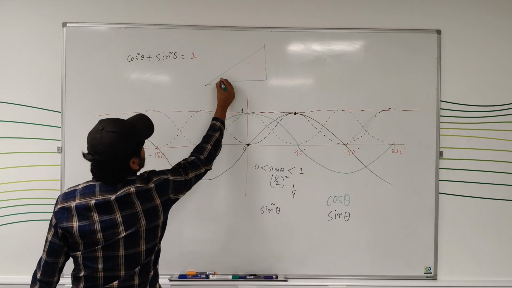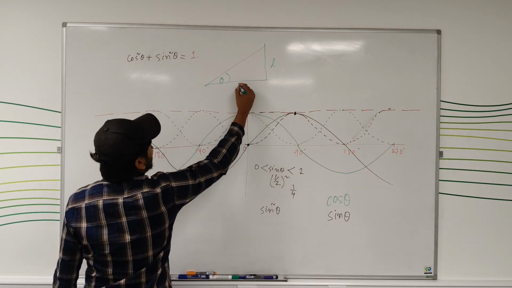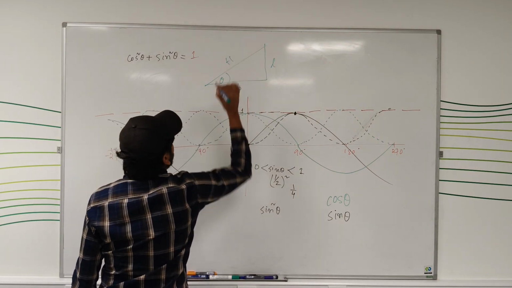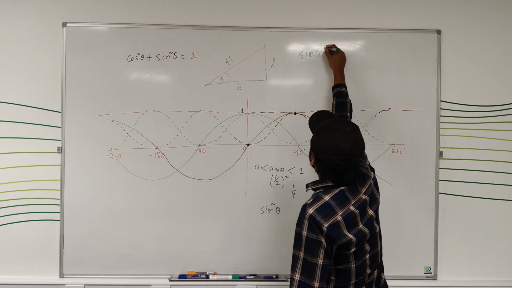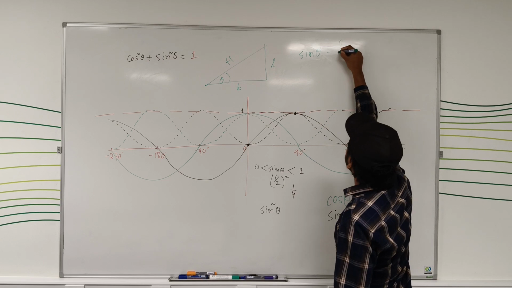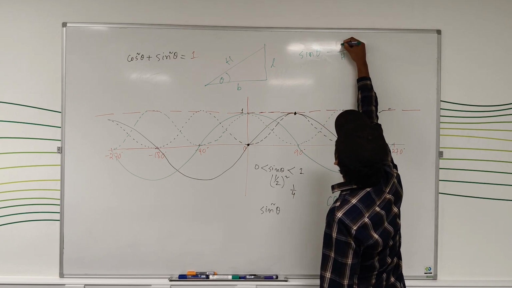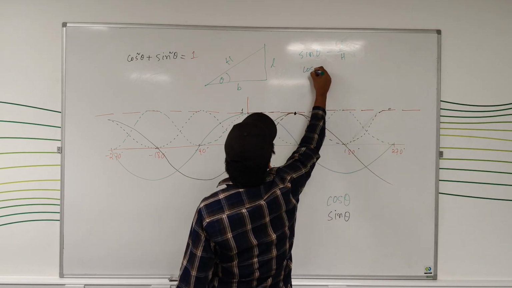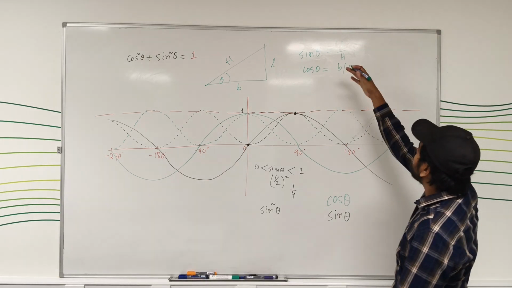So let's say we have our conventional triangle with angle theta, we have L, we have base, we have the height. What is my sine theta? Sine theta is L over H. Oh, that's a fat L. L over H. Cos theta is just the base over H. What happens if we square them?